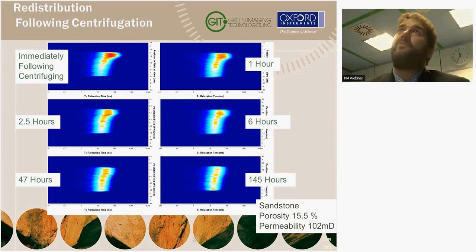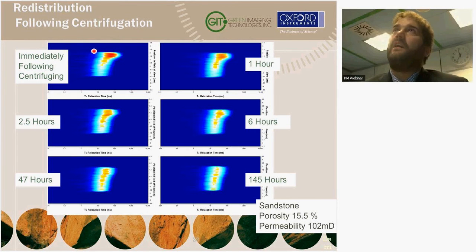So this is the rock I showed you first. Now on the y-axis is position, the x-axis is T2, and the color is how much hydrogen we have with those particular values at those positions. So this has been spun in a centrifuge, and we placed it in the NMR machine. The outlet face is at the top.